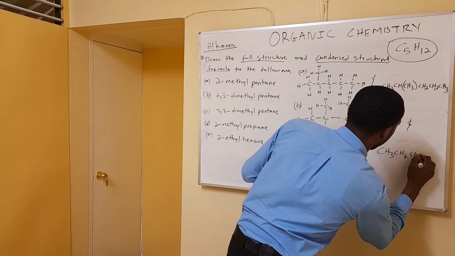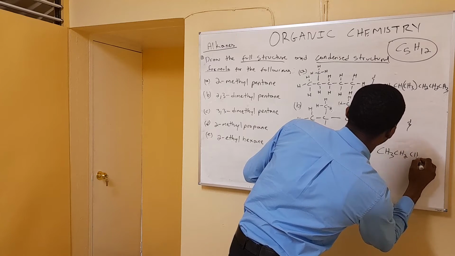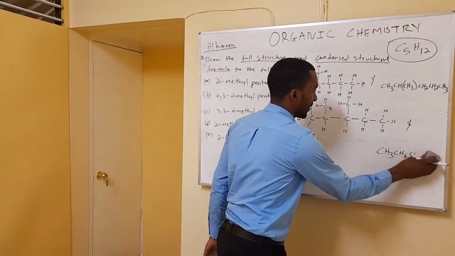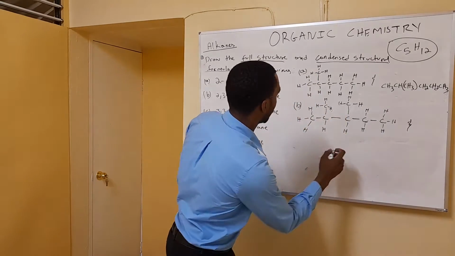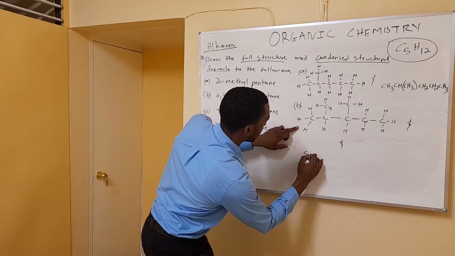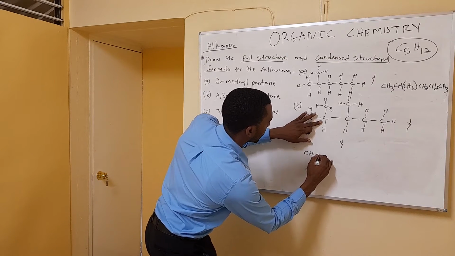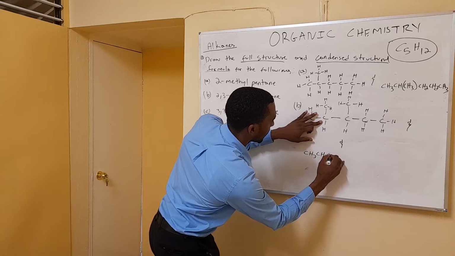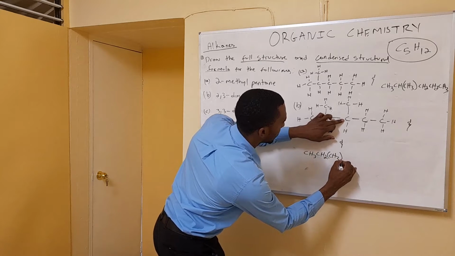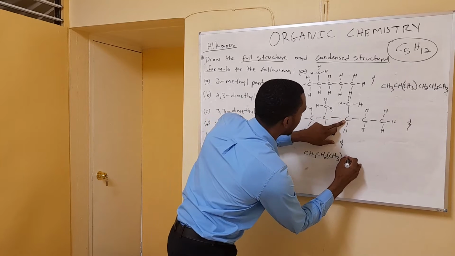CH2. I'm just going to write it below. I'm going to need lots of space, alright? So this is CH3, CH2, it has a branch, CH3 in bracket, has another CH here.